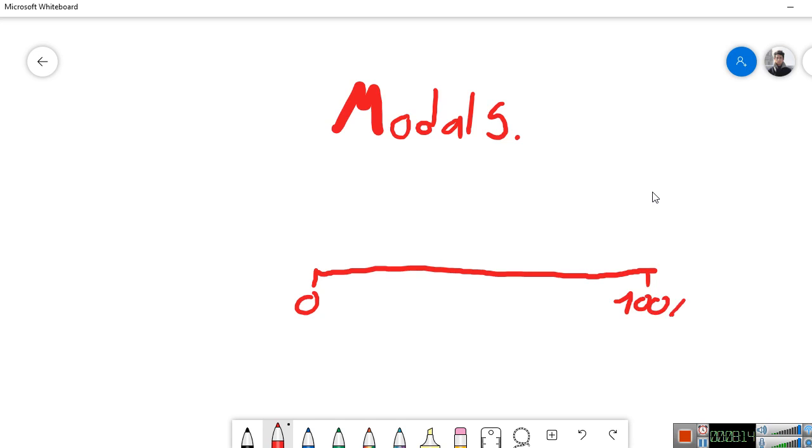Let's call this percent. We want to locate some of those modal verbs in this plane. In the case of must, we use it with 100%. That means when we're completely sure about something, we use must. We can also make some guesses where we're not as sure as 100%, and let's call that 50%. There we're going to use might.